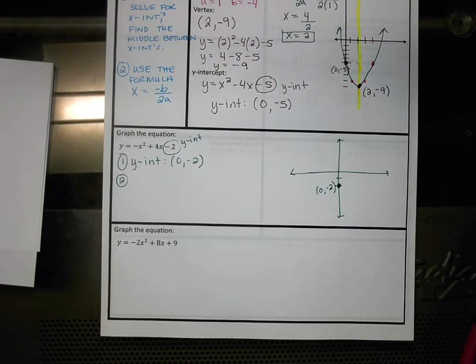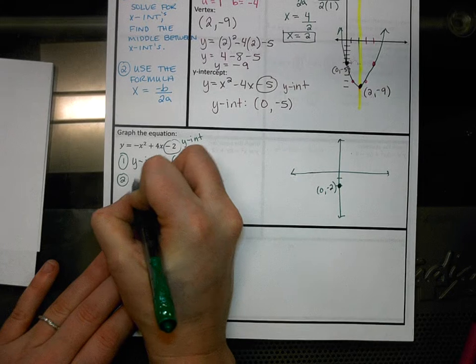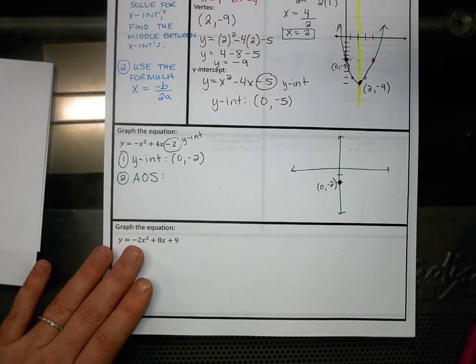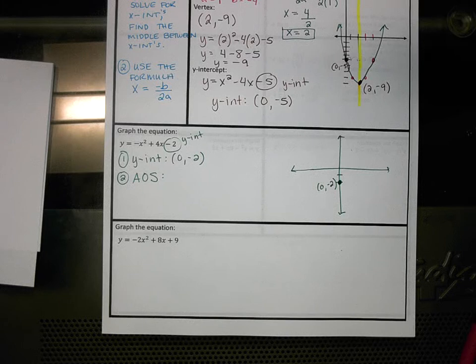In order to do any of the rest, you now only have one option. What do I find? The axis of symmetry. So I'm going to put AOS for axis of symmetry. Remember, you could have factored the first one that we did.